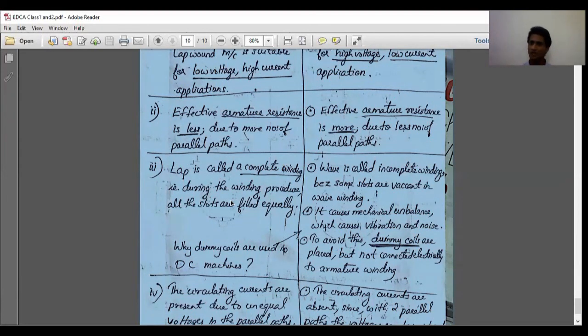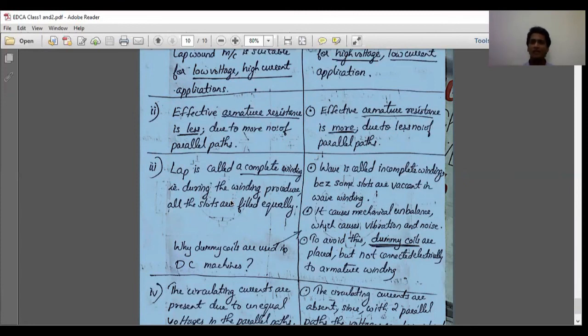That means we have slots in the armature. In the case of wave winding, some slots are left vacant. So it is called incomplete winding. Wave winding is called incomplete winding. As you know, all other slots are filled with windings and some slots are kept vacant.